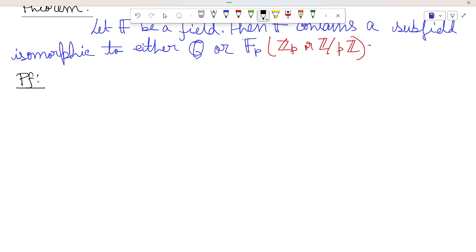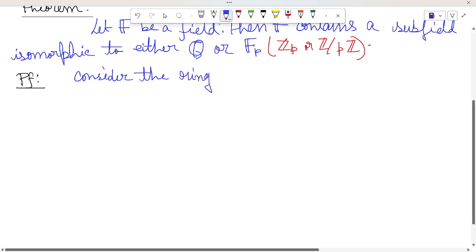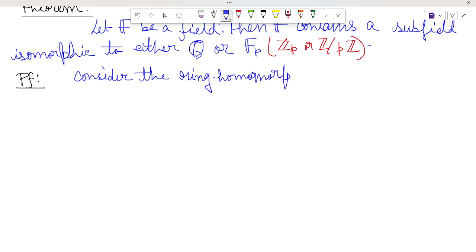First of all, we are considering a ring homomorphism. Consider the following ring homomorphism. What is the ring homomorphism? Phi.